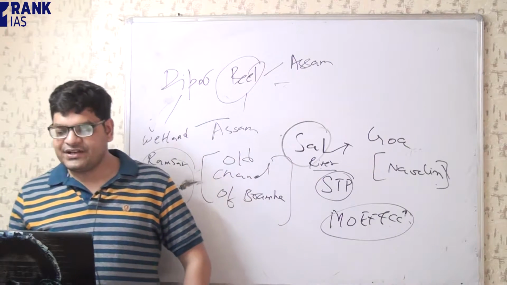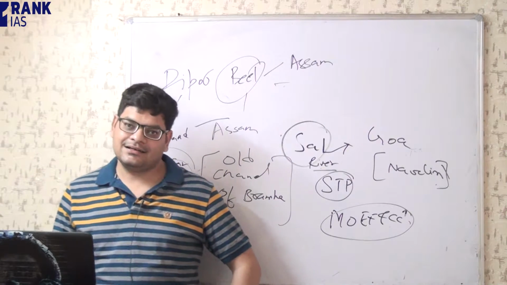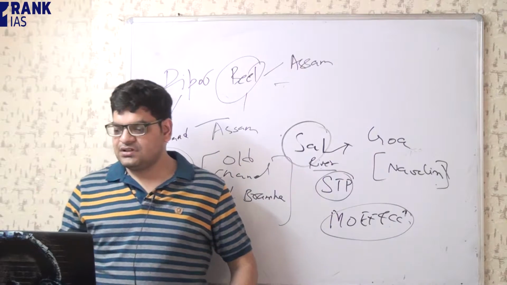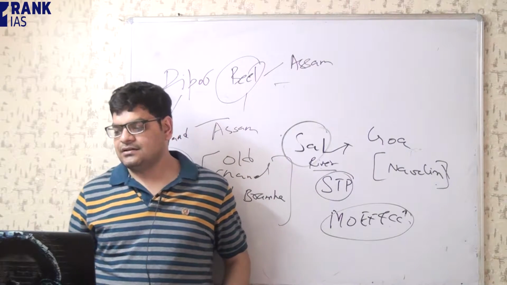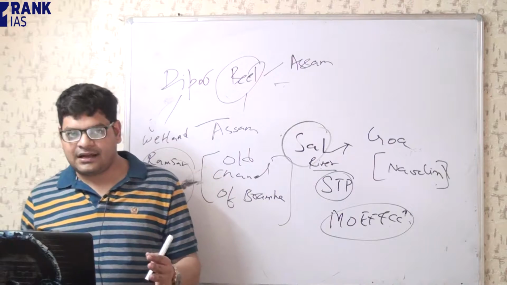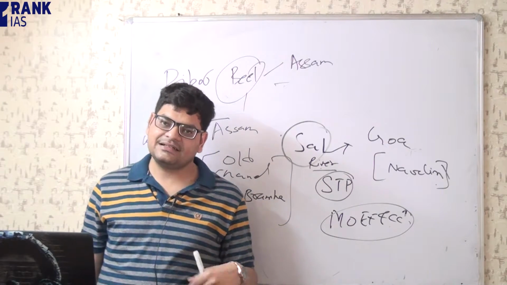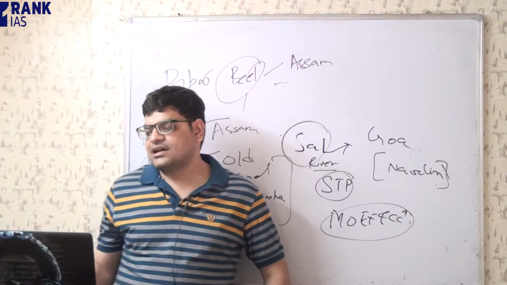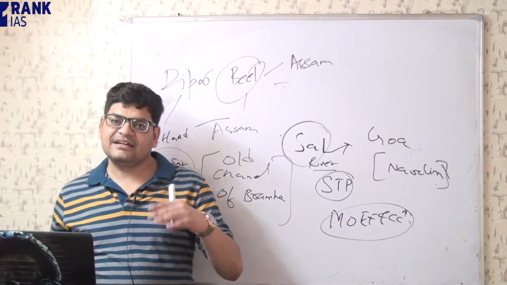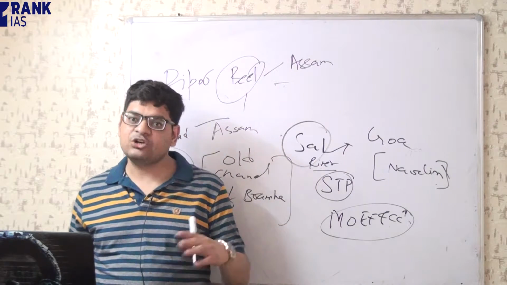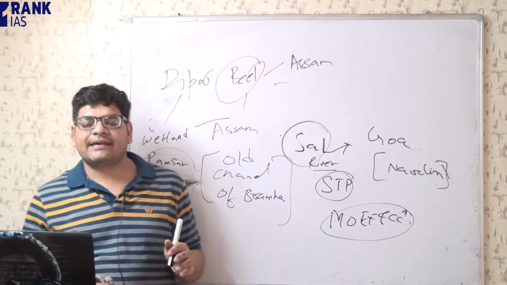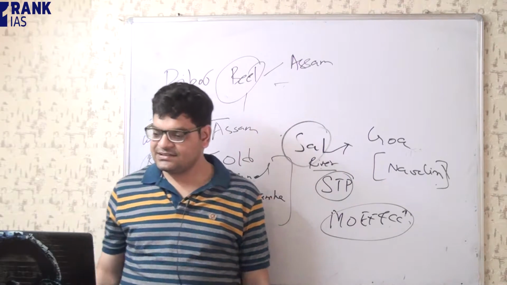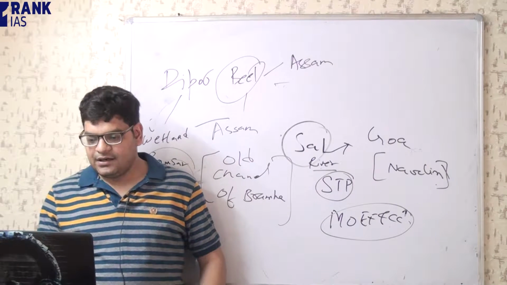Now Okhla Bird Sanctuary. Okhla Bird Sanctuary is in UP, in the NCR, basically near Noida. Some of it lies in Uttar Pradesh, and around 30 to 40% lies in the Delhi area also. It is situated on a road connecting Delhi and Noida, and therefore it can be developed as a good choice for ecotourism, where ecological and environmental aspects can be displayed to increase tourism and awareness among tourists.